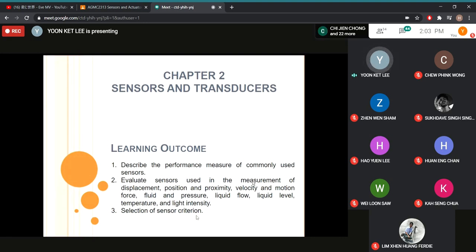Sometimes it's too sensitive, which is not good, because it will give you a lot of false signals. If it's not sensitive at all, that's also a problem, so you need your selection criteria and to know how to apply the sensor.